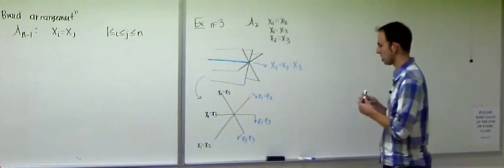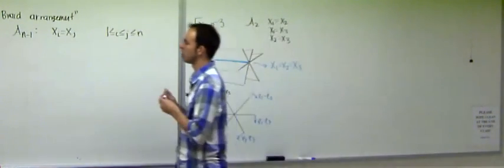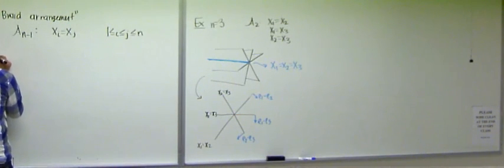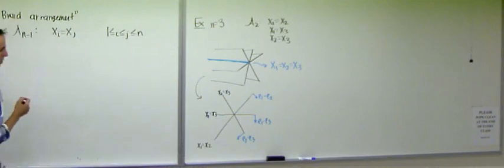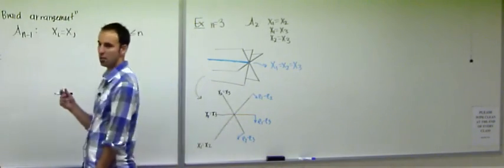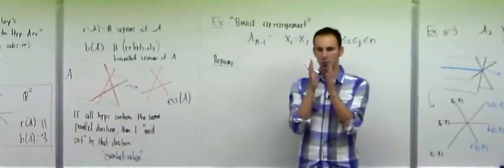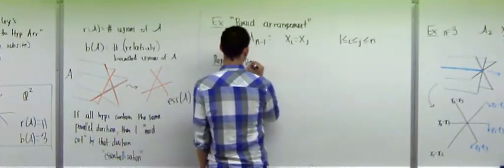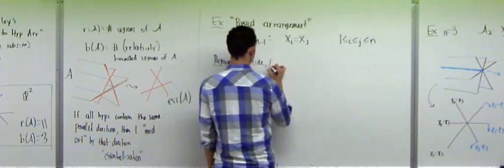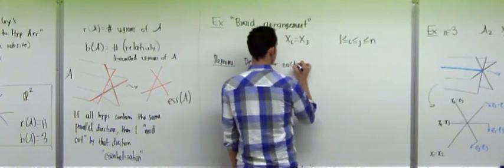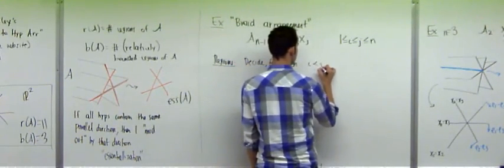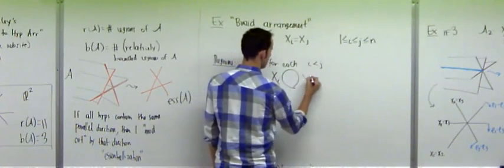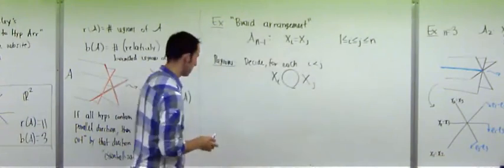Okay? So what are the regions here? To describe a region, I have to say, for each hyperplane, what side am I on? So I have to decide for each i and j, is xi less than or bigger than xj?